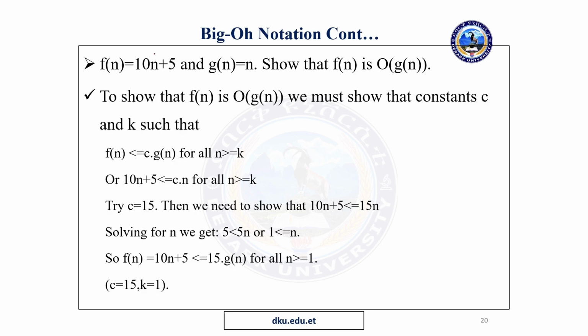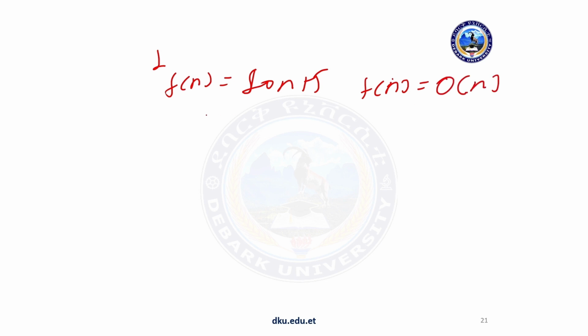Let's see the above example in detail. f of n is equal to 10n plus 5, right? So let's show that f of n is equal to big O of n.